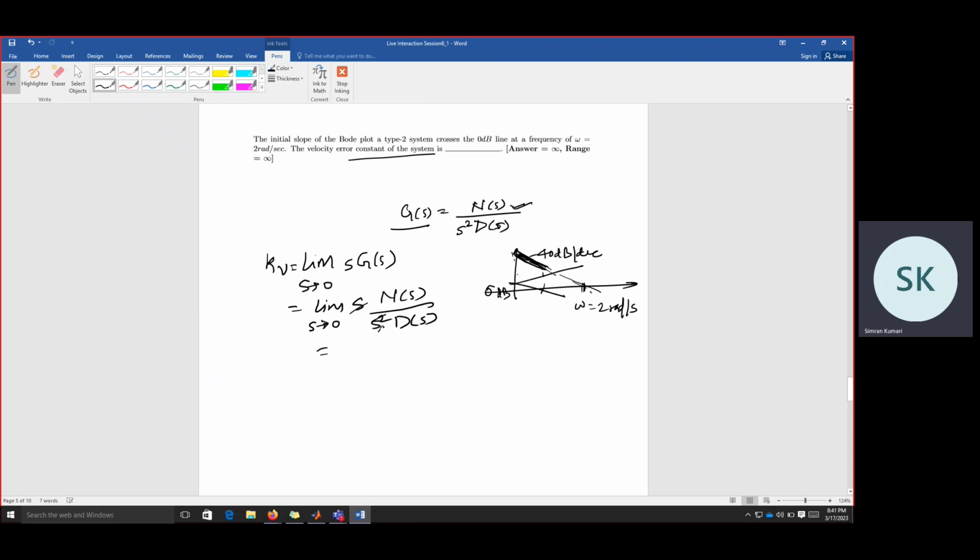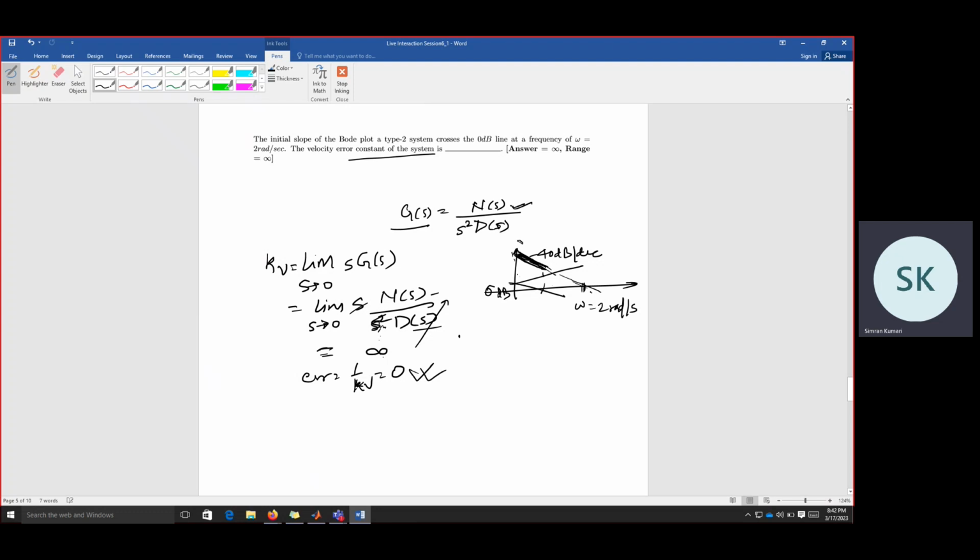As s tends to 0, the N(s) by D(s) part has some constant value and the s in the denominator tends to 0, so overall this goes to infinity. So Kv equals infinity, which means the error 1 by Kv tends to 0. That means for a type 2 system, the error to a ramp input is 0, and this is obvious, we know it from time domain analysis.